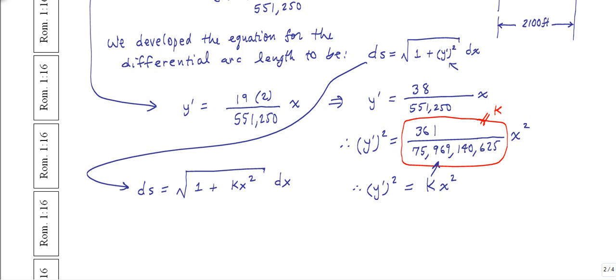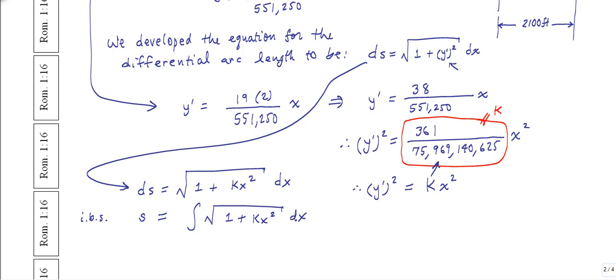Okay, so I'm going to therefore integrate both sides of this to find my s. So the integral of d of anything is that anything on the left. So on the left we just get the s when I integrate it. And on the right I get the integral of root 1 plus k x squared dx.